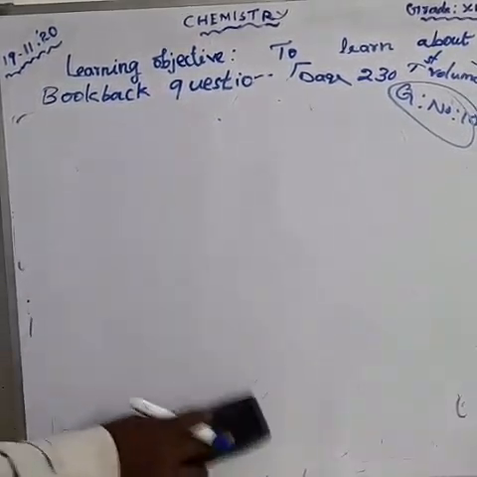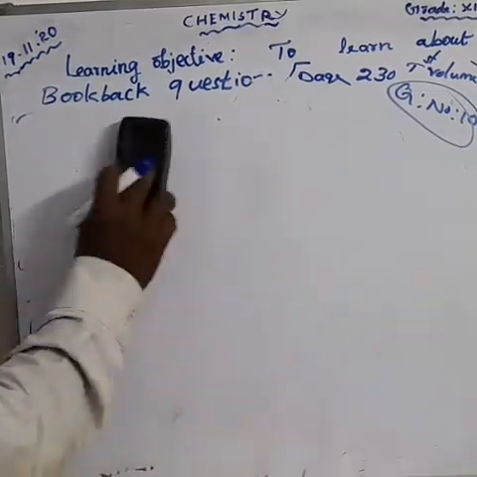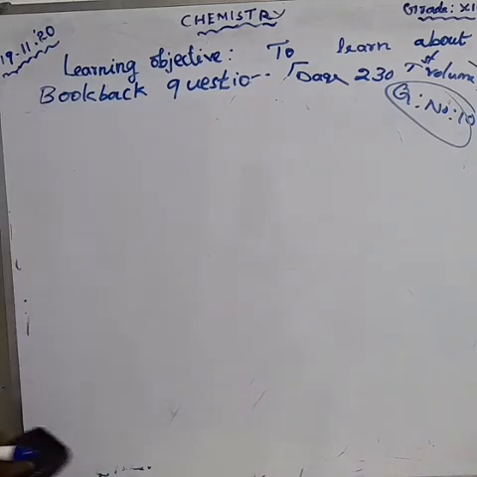Next, about question number 11. Question number 11: The rate of formation of a dimer in a second order reaction is 7.5 into 10 raised to minus 3 mole liter inverse second inverse at 0.05 mole per liter monomer concentration. Calculate the rate constant.